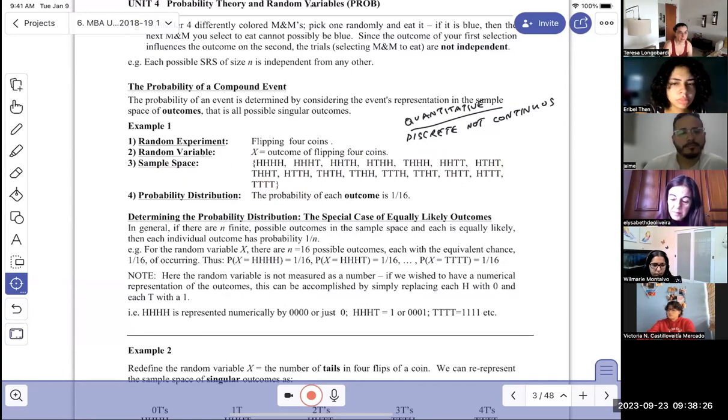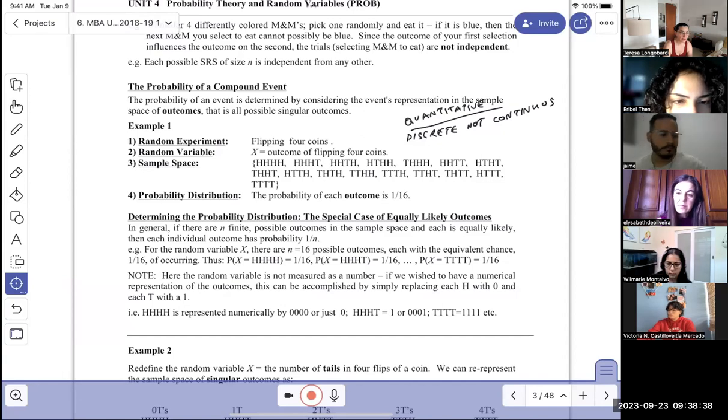And in probability theory, so I review the rules of probability, and well, one of the rules is all probabilities have to be between 0 and 1.